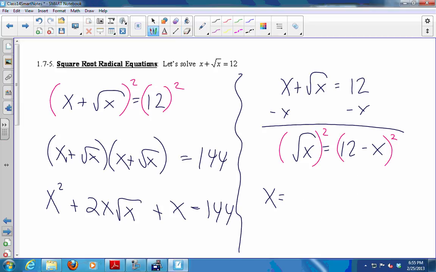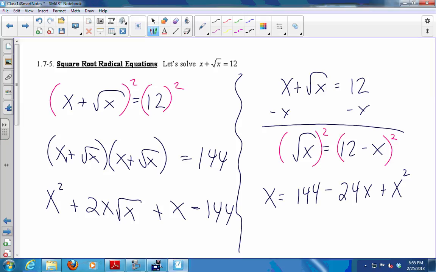So when you FOIL it out, 12 minus x times 12 minus x, you end up with 144 minus 24x plus x squared. So a little shortcut. It's kind of like a little rhyme, but it doesn't rhyme at all. And I don't know why it has stuck in my head for all these years.